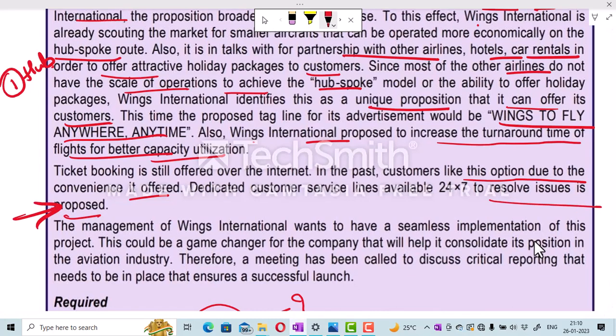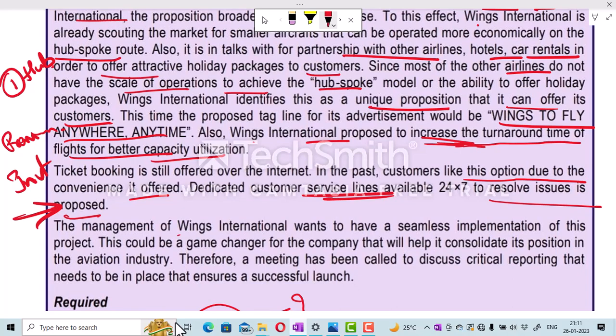See, this is also a benefit. They are investing more on hub spokes for customers, increasing the turnaround time and increasing the customer service lines. See, investment is more and they are charging a premium. See, what does it mean? It is following the product differentiation strategy.